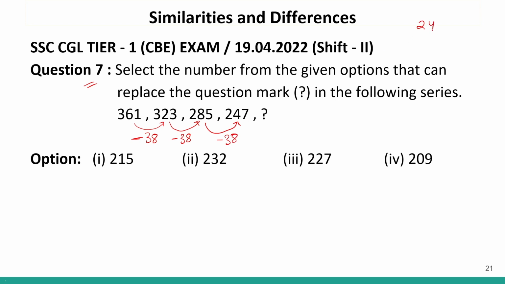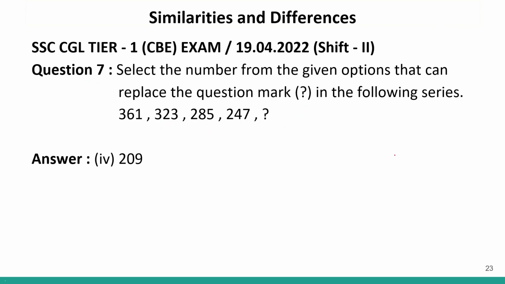So now I would have to subtract 38 from 247 to get the next term. So my next term will be 209, which is option number 4. So option number 4, 209, will be your correct answer to this question.